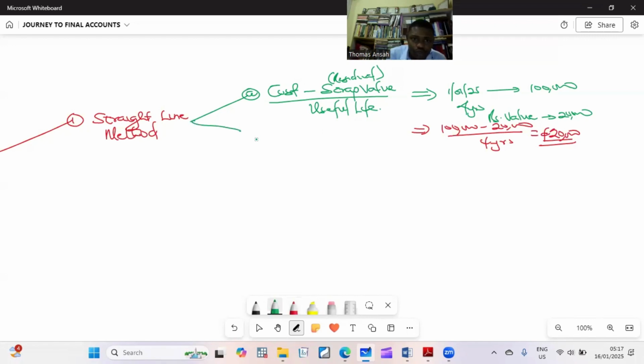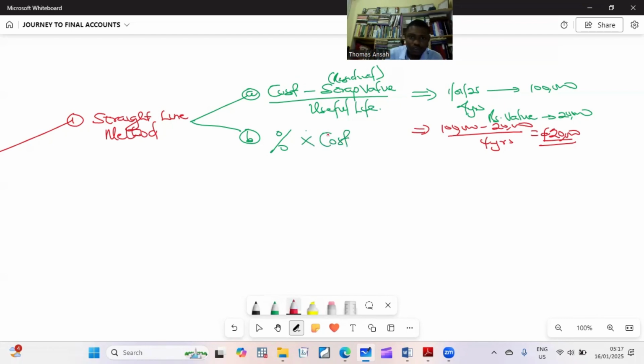Another way to do this is when the examiner gives you a percentage and says to use the straight line method, say 10% straight line. You just take that percentage and multiply it on the cost, the same cost we have learned.